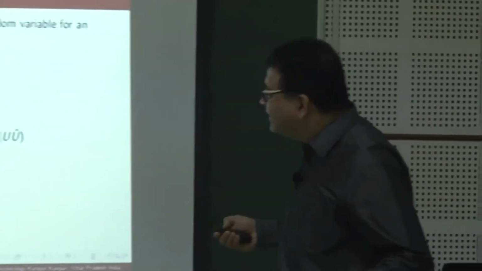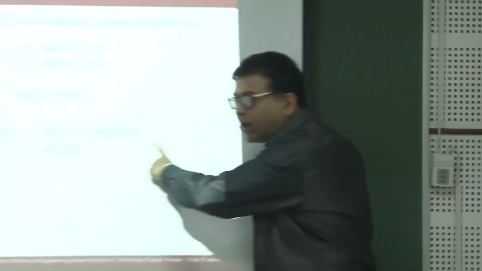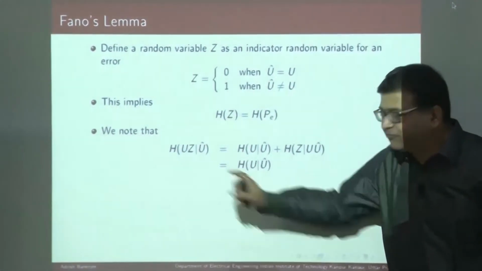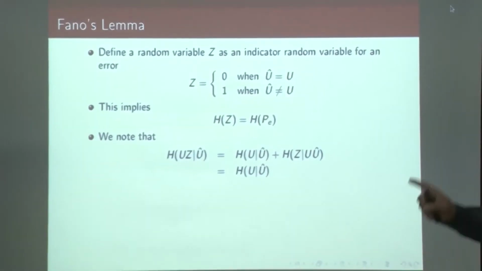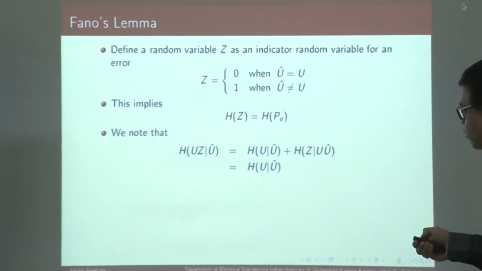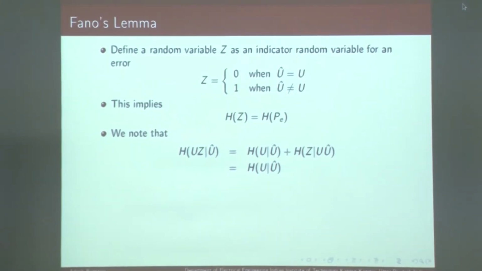So, then there is no uncertainty in Z knowing U and U hat. So, this will be 0. So, what I have shown is uncertainty in U Z given U hat is equal to uncertainty in U given U hat.